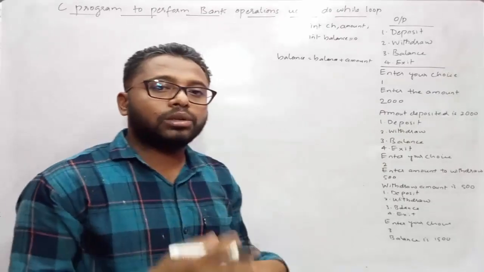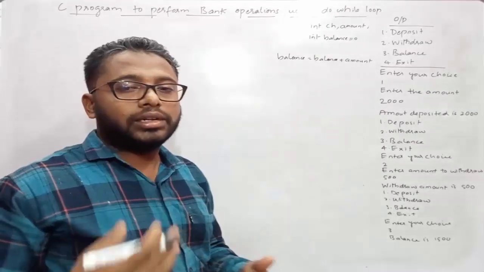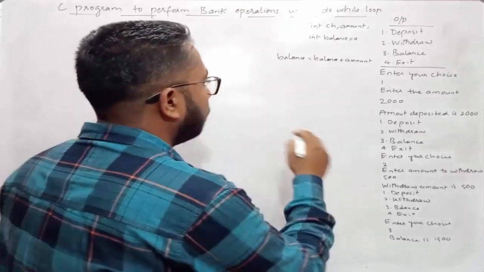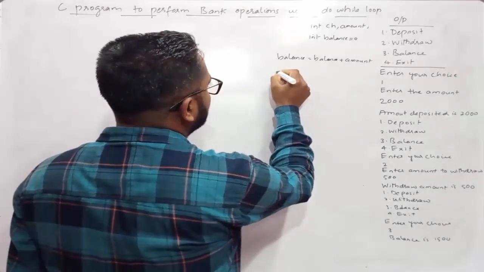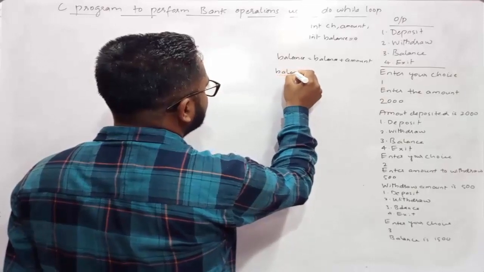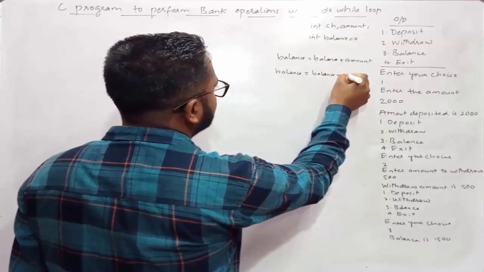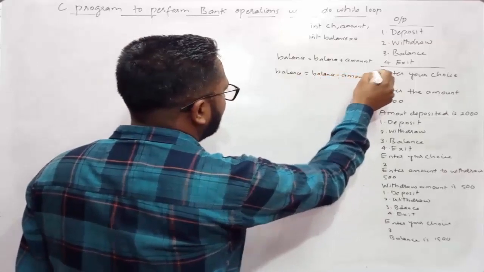Next, when it comes to withdraw, what we can do is deduct the withdrawal amount from the balance. So for withdrawal we need to use this expression, balance equals balance minus amount.